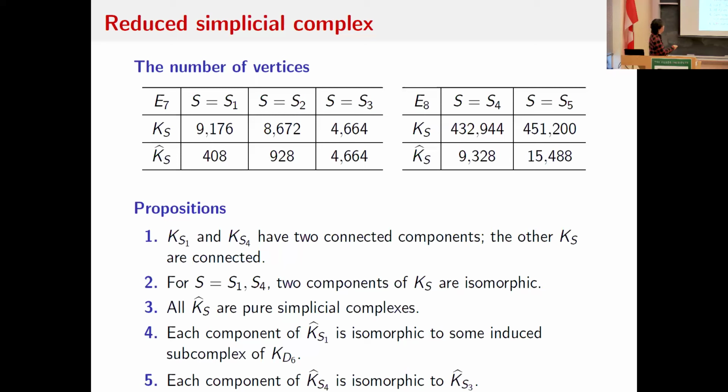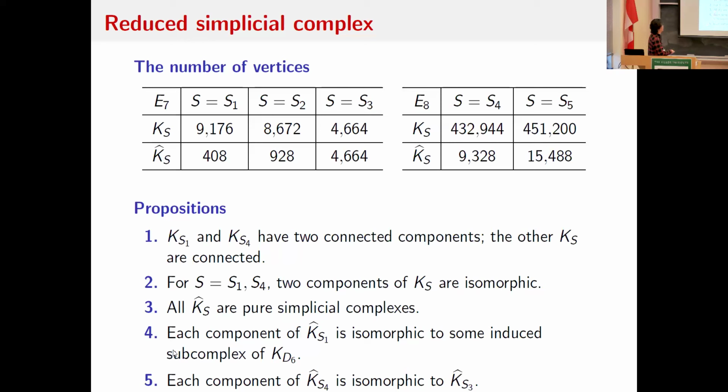And proposition 4 says that in these two disconnected cases, the component of KS1 hat is isomorphic to some induced subcomplex of KD6. This is very nice because we know about the subcomplexes of KD6, so we don't need to compute its Betti number.